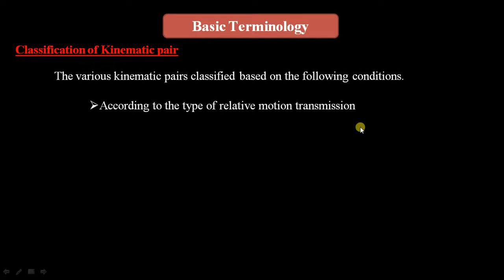The relative motion transmission may take place in different types. Based upon those types of relative motion transmission from one part to the other part, we can classify them into different types. And similarly, according to the type of contact between the links. What is the type of contact for the two links we are going to give? Based upon that also we can classify.